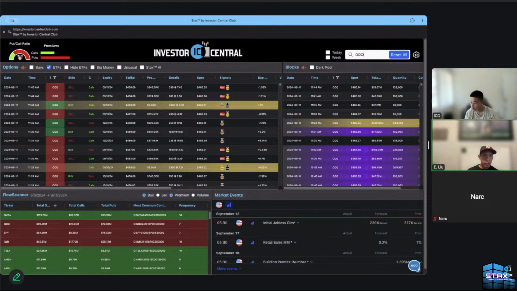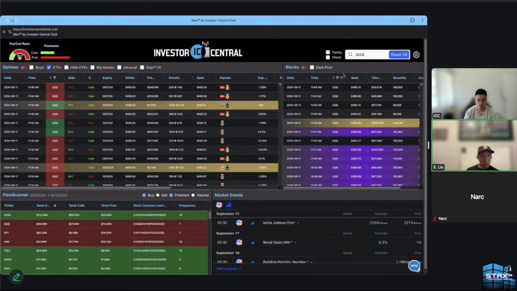So 0 days to expiration in the money, those tend to be a little bit safer, because if things don't go quite their way and they stay in the money, they do have the option of exercising those options at the end of the day. So those ones are definitely going to be a little bit safer. I do understand that most people that trade 0 days to expiration are usually looking for those high risk, high reward situations, and as a result, they're getting into 0 days to expiration that is out of the money.